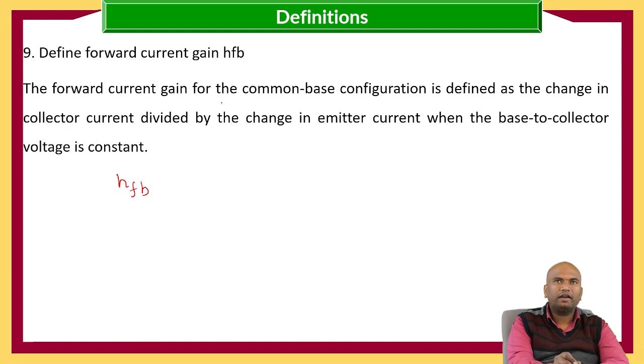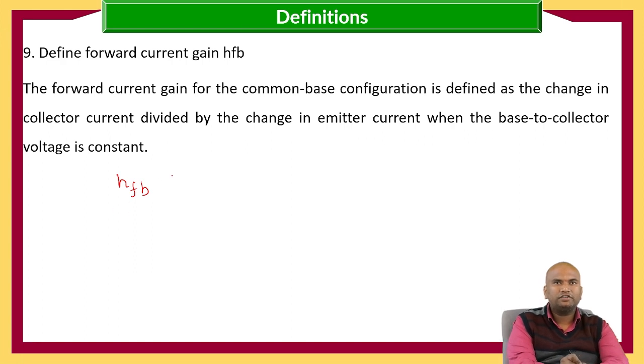The forward current gain for the common base configuration is defined as the change in collector current divided by the change in emitter current when the base to collector voltage is constant.